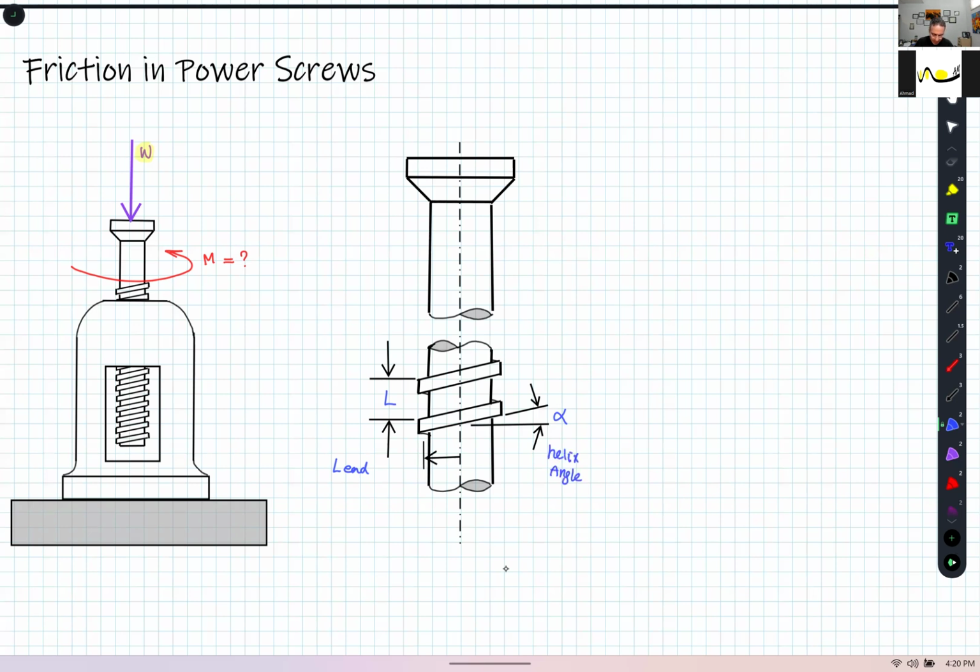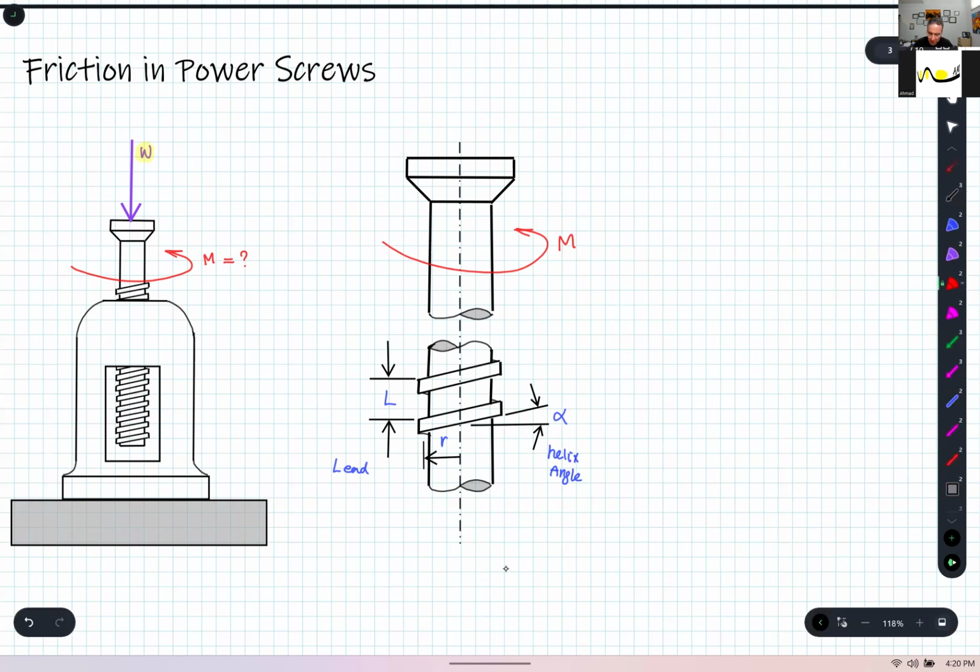And also, I need to know the average radius here. Suppose I know these three values. I apply a torque M, and I wish to know that value if we are applying a particular load W here.